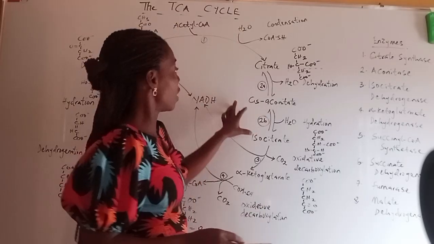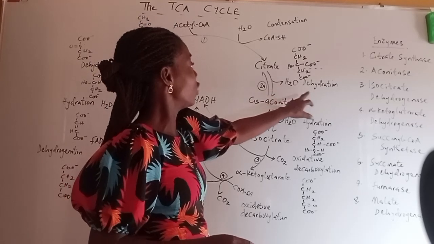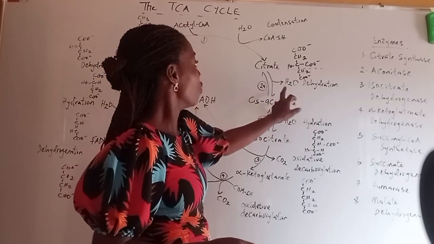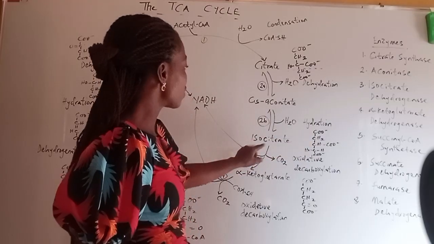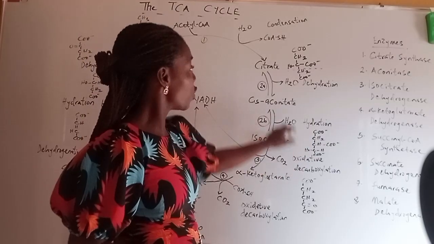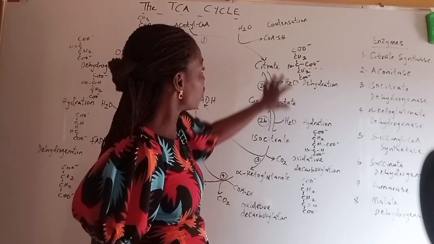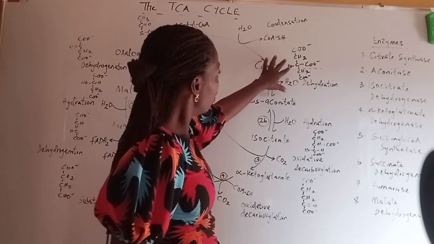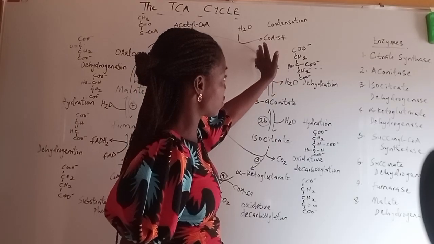Step 2 basically consists of 2 sub-steps: the dehydration and hydration, removal of water, and again addition of water to give us isocitrate. So if you compare the structure of citrate and isocitrate, you will see the difference is simply an interchange of side groups.